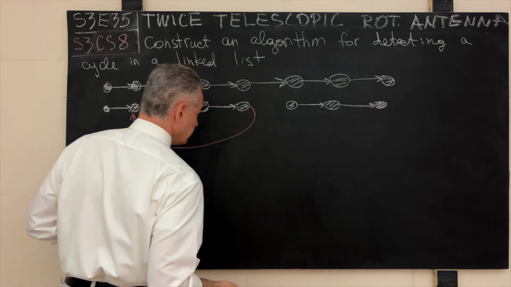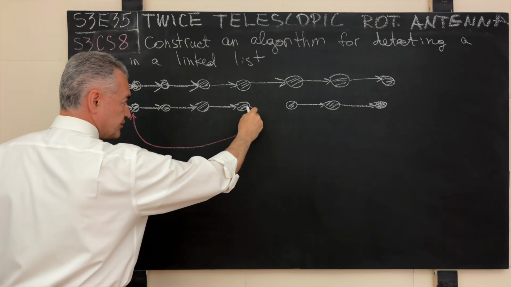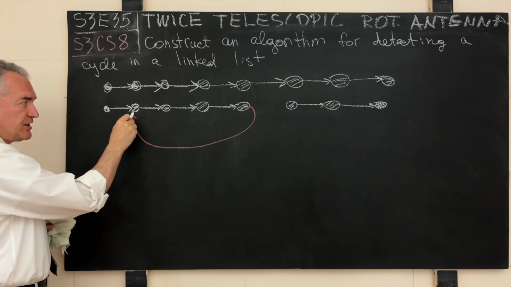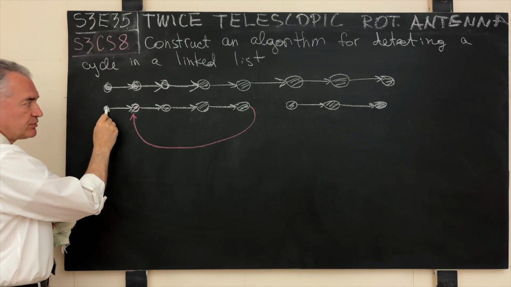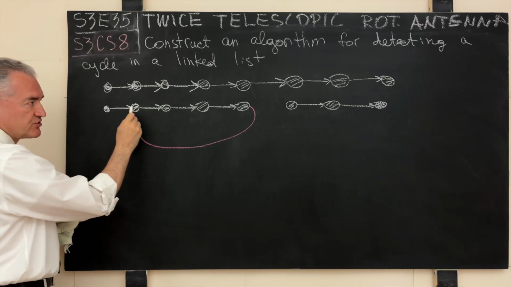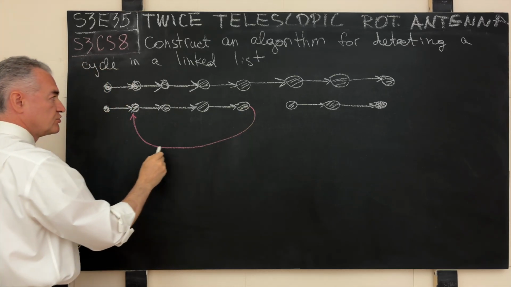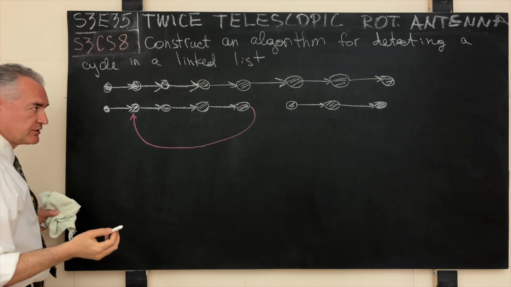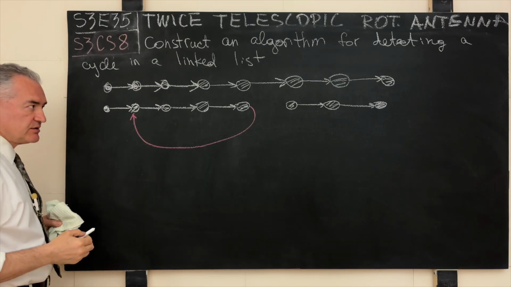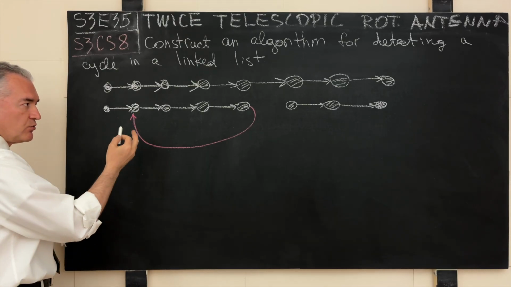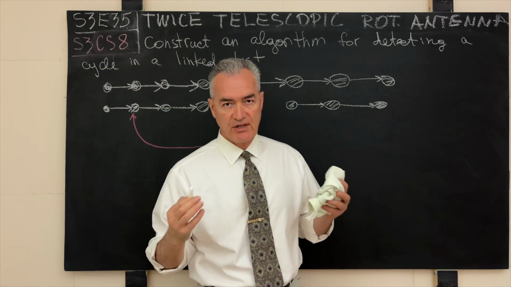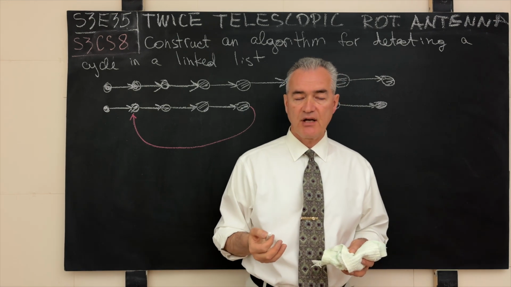This is a memory leak, but one of the nodes in the linked list points to a previous node. In other words, here, for example, this node points to this address, and this node points to this address. So these two addresses are one and the same, a duplicate address. Write or construct an algorithm that will detect such a cycle in the linked list, or say there is no such cycle in that linked list.